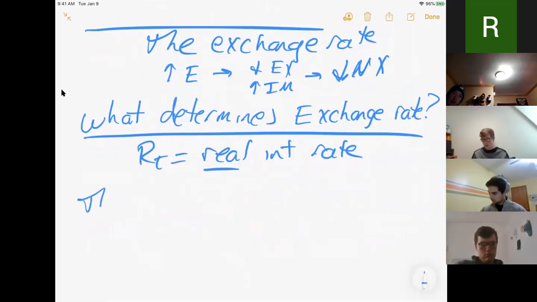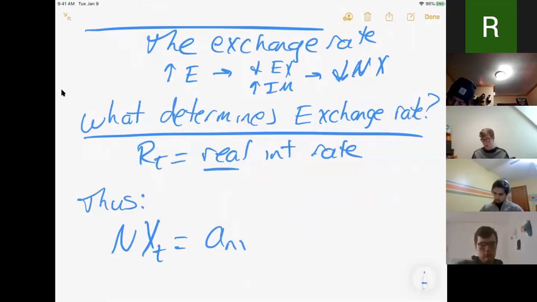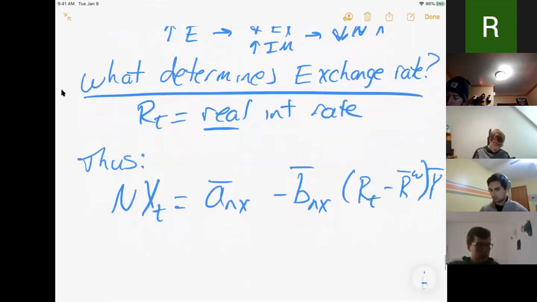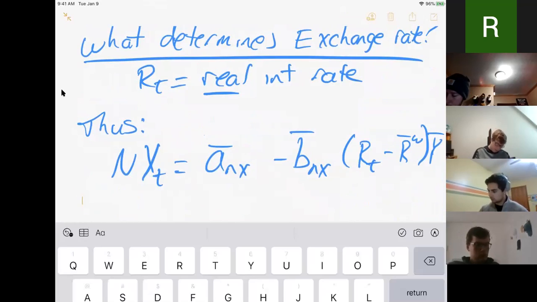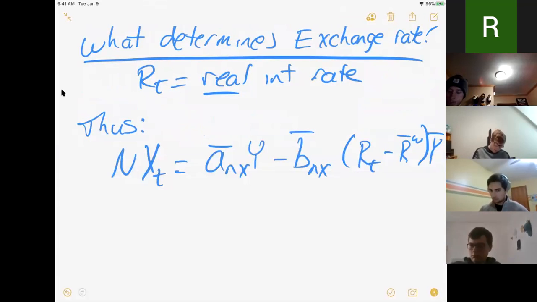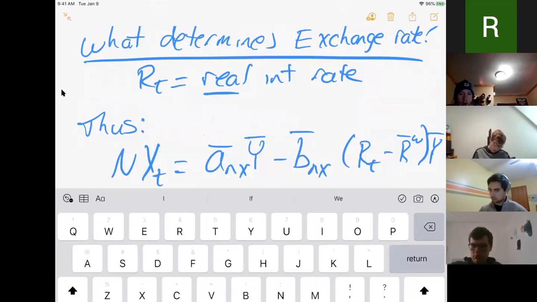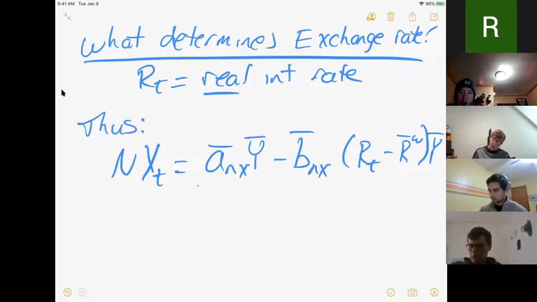So think about a model this way. What if we model net exports in the following way? This part of it is the same as before.